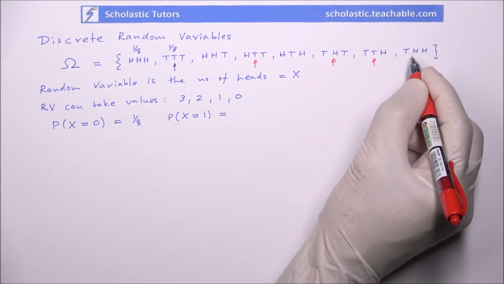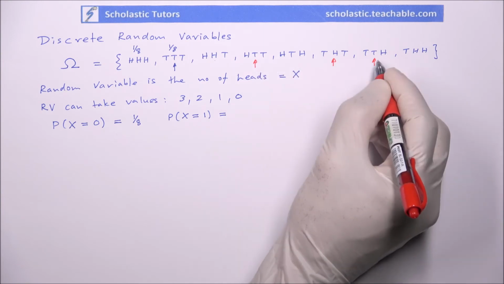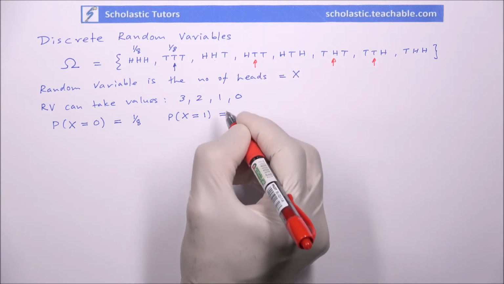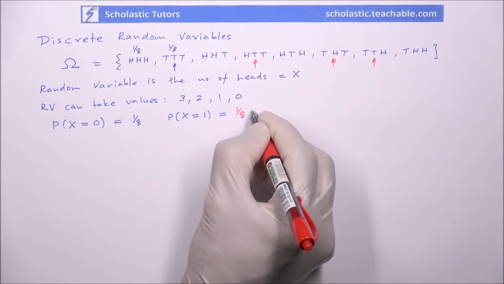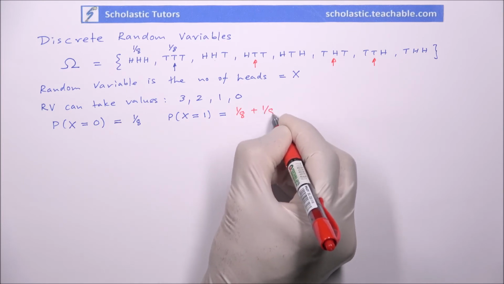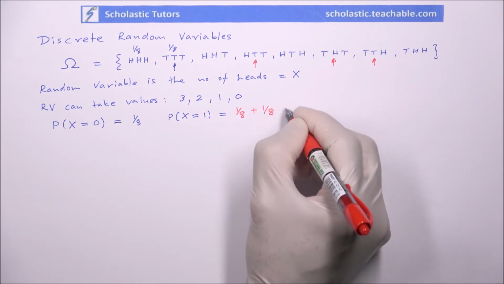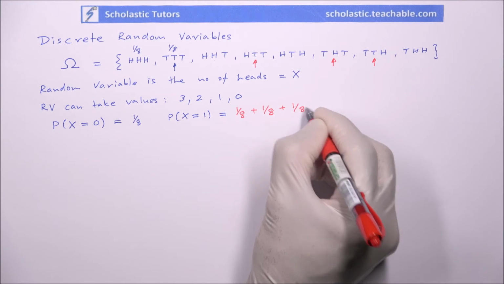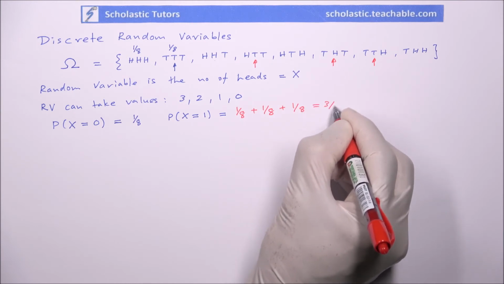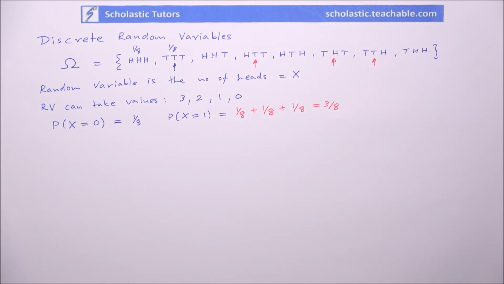So there are 3 possibilities, and each one is 1 over 8 probable. So there is 1 over 8 and 1 over 8 and 1 over 8, which means 3 over 8 is the probability that the random variable x can take value 1.